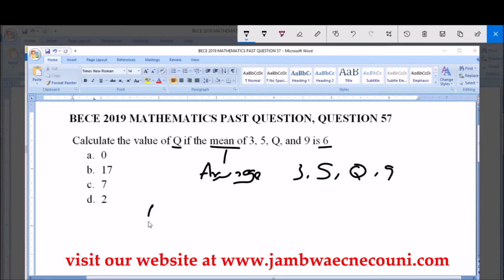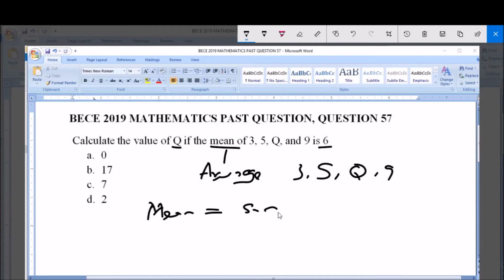So therefore we say mean is equal to the sum of numbers or quantity all over the total number of the quantity or the numbers.